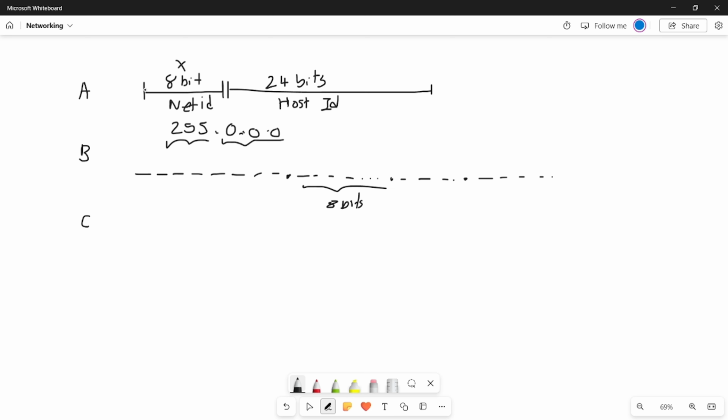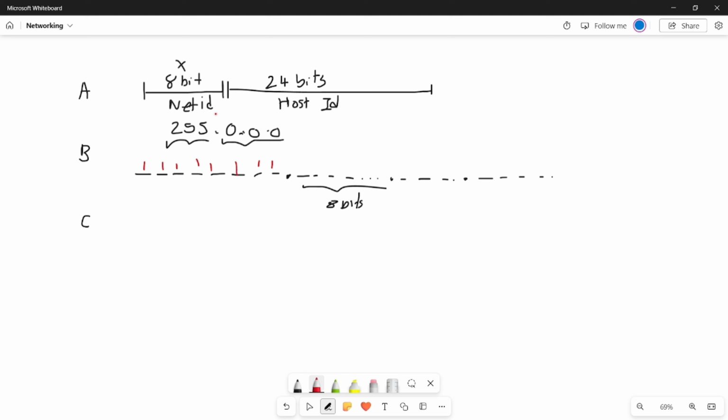We know that we cannot use these first 8 bits for a class A IP address, so we have to mark all of those as 1, because we cannot use these for networking purposes.